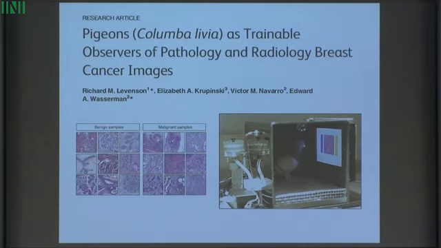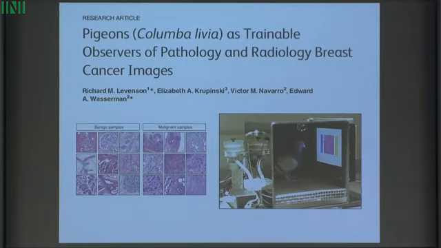If you're not comfortable having humans label your data, it's also possible to do it with pigeons. What they did here was keep pigeons on a calorie-restricted diet, and the pigeon would see the image and peck at this window, and if it pecked at the correct label, it would get fed.